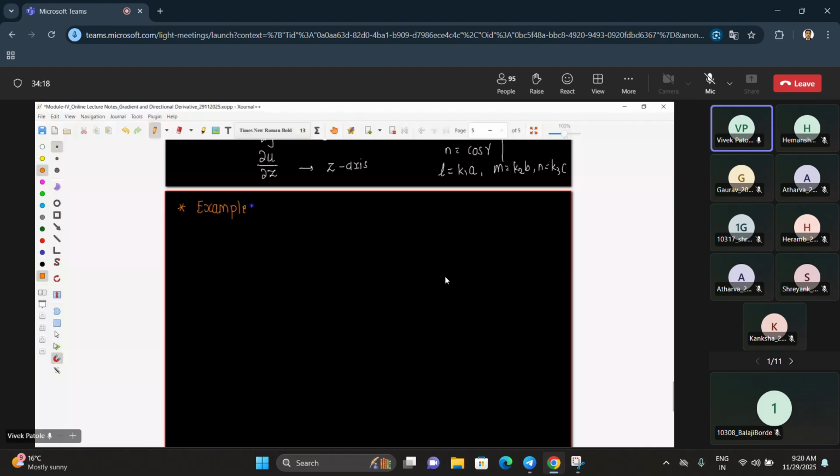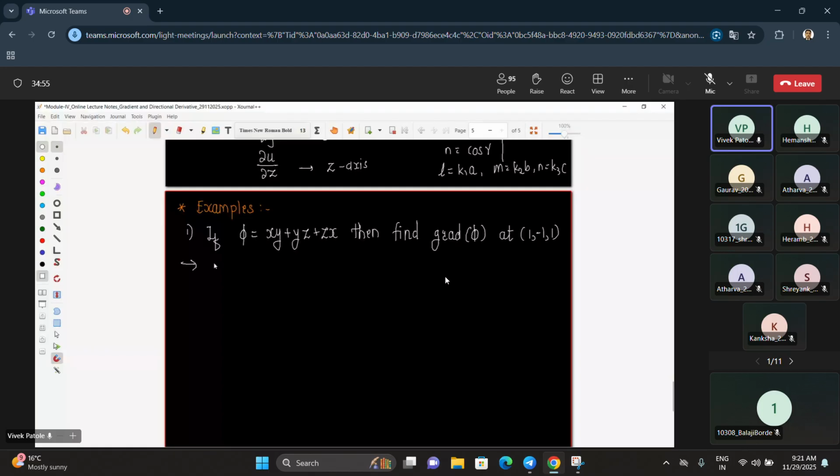Example: if phi is equal to xy plus yz plus zx, then find grad phi at (1, -1, 1).